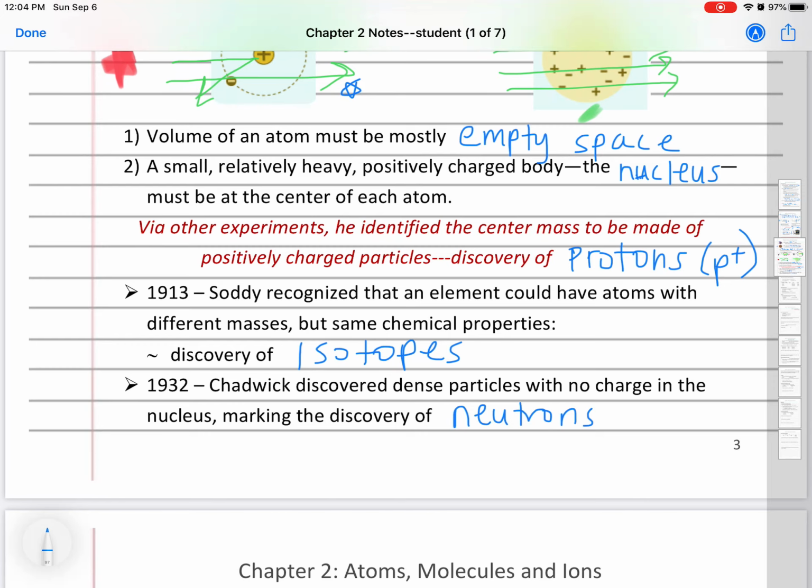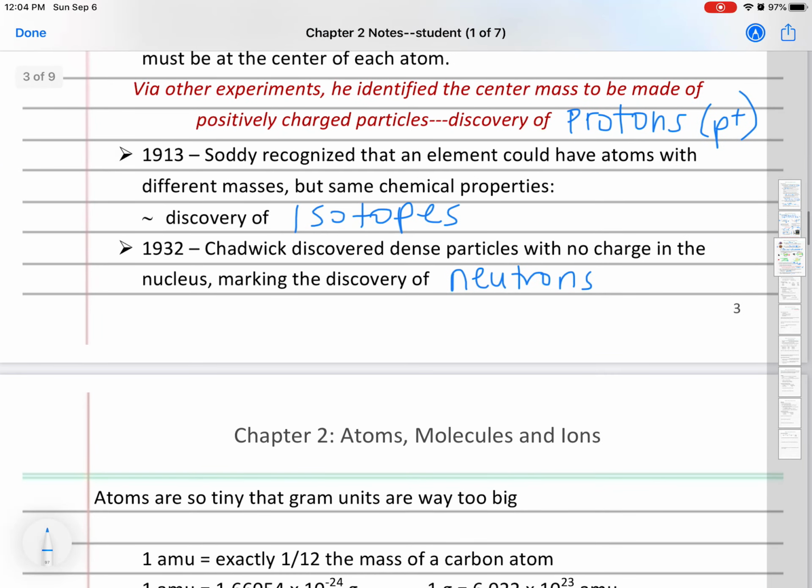They were discovered in 1932 by a Dr. Chadwick, and that sort of completed the picture that we have of the atom as it stands now. Now, I should say physicists since then have discovered even smaller particles, and that really gets into nuclear physics. That's a level that we don't get to in general chemistry.